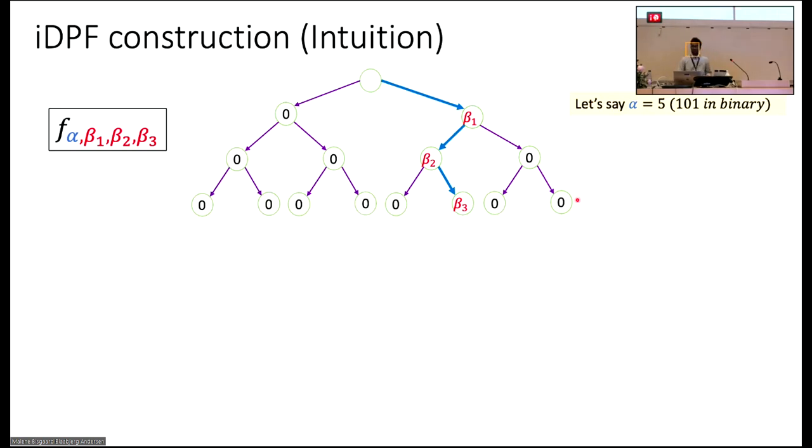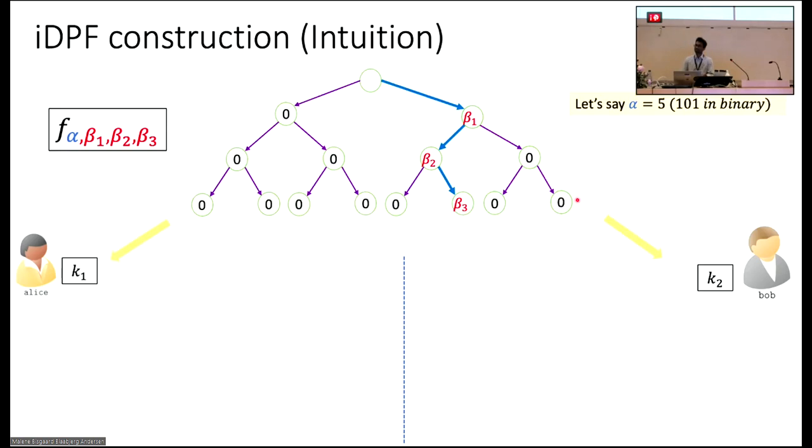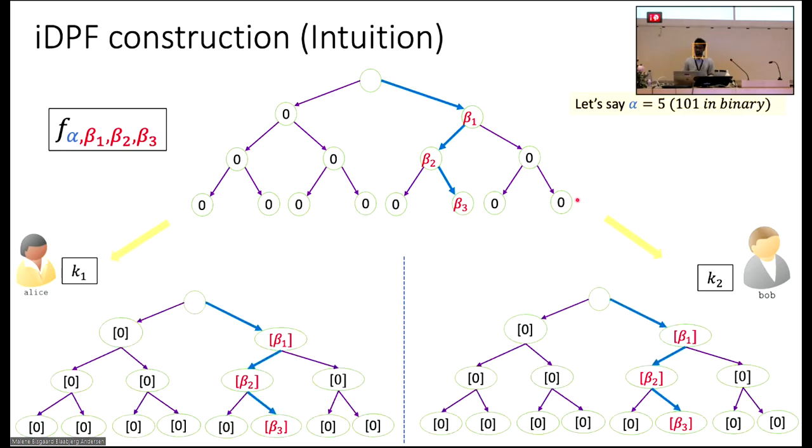The FSS scheme for iDPF allows you to secret share this tree structure across 2 parties using keys K1 and K2, so that when they expand this locally, what they will observe is a secret sharing of the underlying tree structure. The square brackets here represent the secret share.